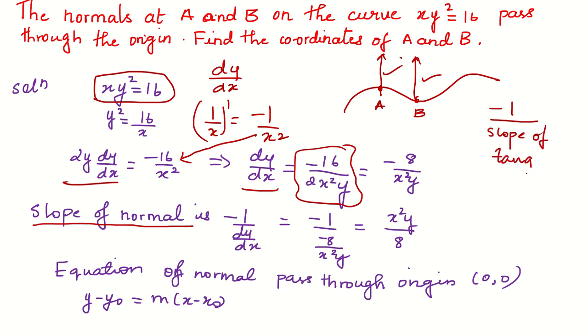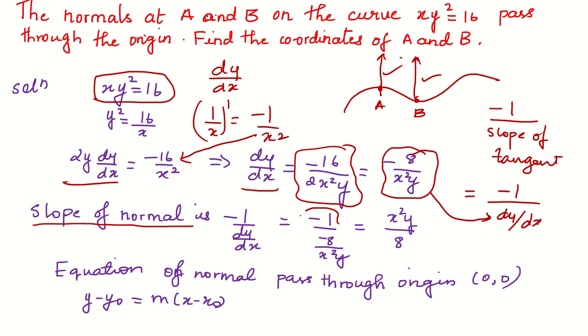And slope of tangent is what? Slope of tangent is dy by dx. So I have found dy by dx, that is this value. So I'm going to put this here, and that's what we have done here, and hence I got the value x square y upon 8.